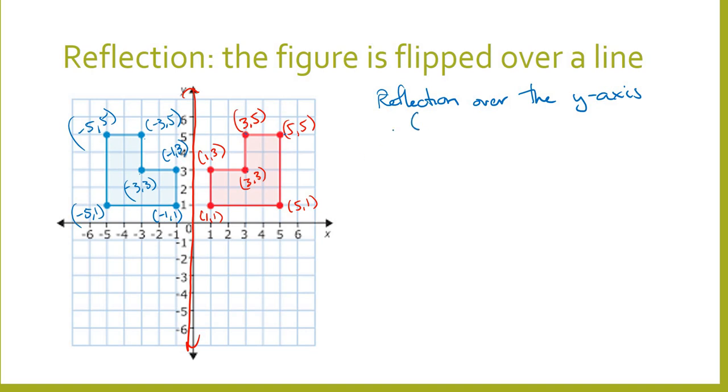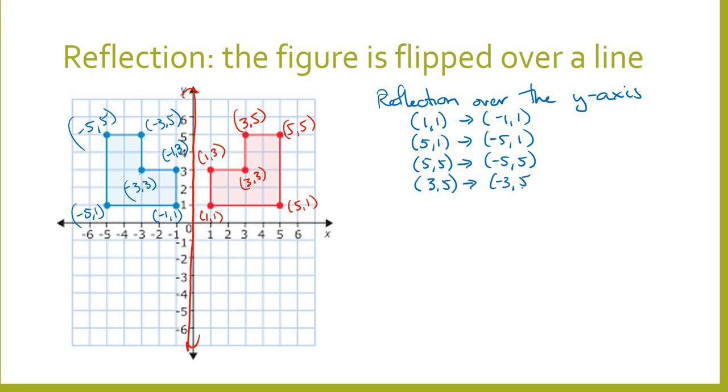So I'm going to list these ordered pairs. (1, 1) changed to (-1, 1). (5, 1) changed to (-5, 1). (5, 5) changed to (-5, 5). I hope you're seeing a pattern. (3, 5) changes to (-3, 5). And (1, 3) flipped over to (-1, 3).